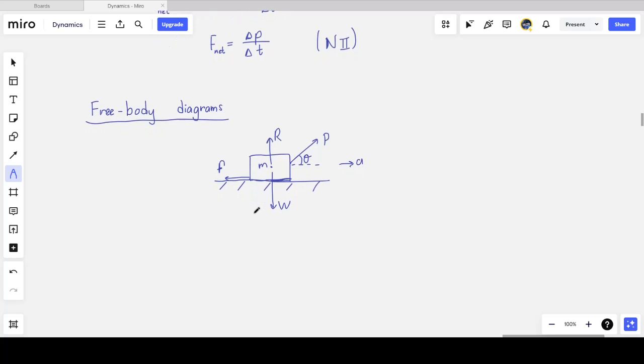Now, a free body diagram is a very good way of identifying all the forces acting on an object and then making it easy to apply Newton's laws of motion. So if I look at my force diagram, I can see there's no motion up or down, which means that there's a balance of forces upward and downward, which means that the weight is equal to the reaction force R. The box is not moving up into the air or down through the surface of the table or whatever it is.